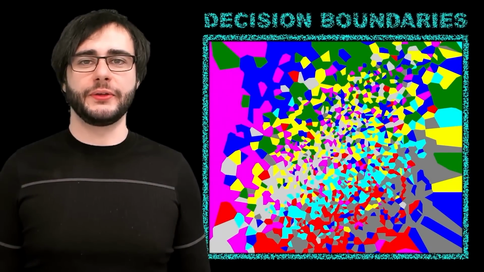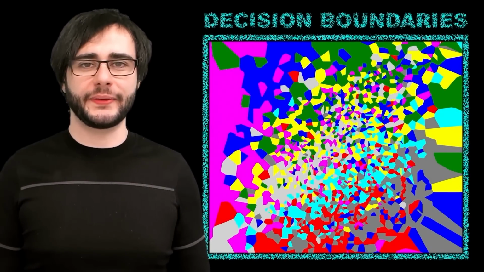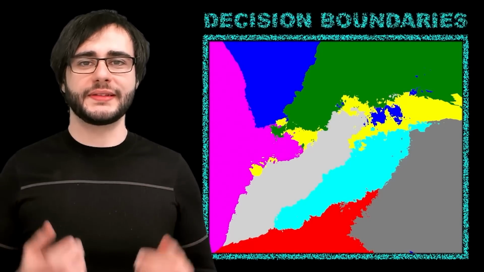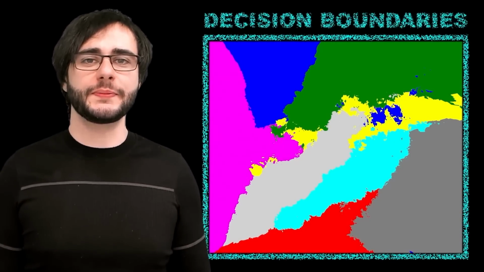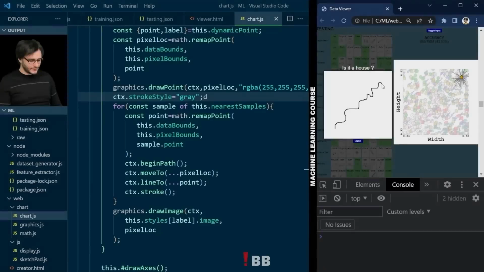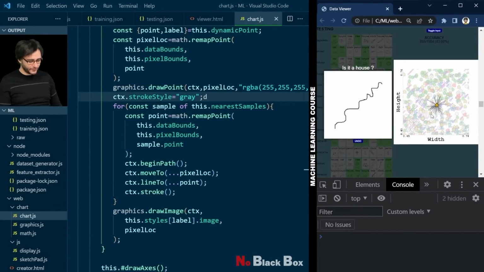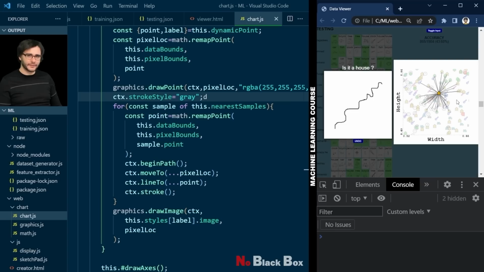Decision boundaries are a useful way to understand the classifier. I'll show you how to generate decision boundary plots and how to display them on our chart. Now, this spider is cool, but it's not very informative. I mean, to figure out why this is a house, you would need to count all of these different things, and not very useful really.